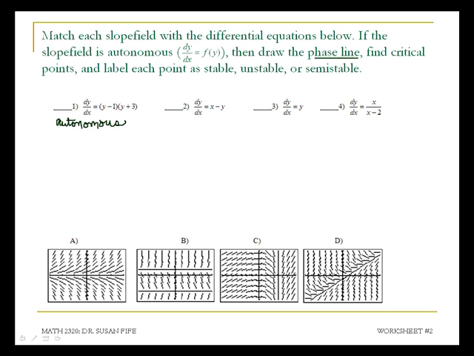Now, a phase line is a line that tells you when your slope is positive and when your slope is negative.